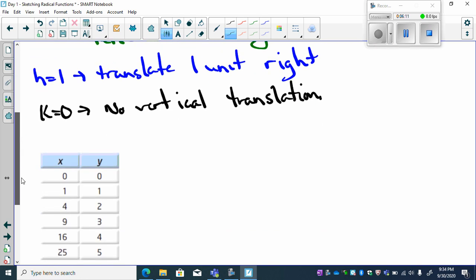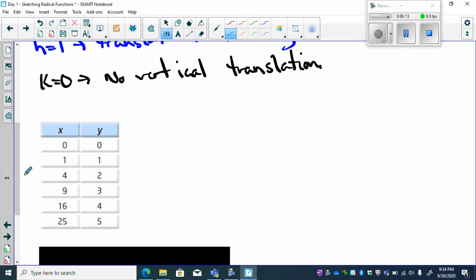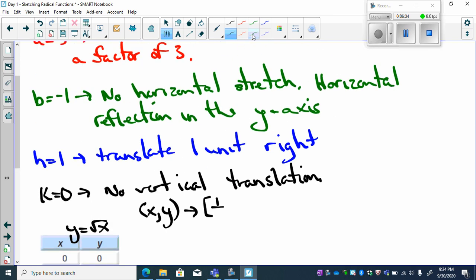Now let's look at a little mapping rule. Remember, this is the curve y equals √x with no transformations. My mapping rule is going to look like this. It's going to be 1 over b. Well, my b value is -1, times x, plus h, plus 1.